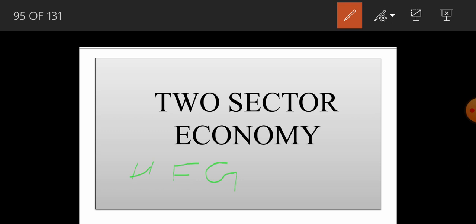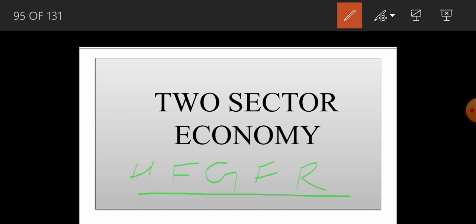When we talk about a four sector economy, we have the financial services also. And when we talk about a five sector economy, it means the rest of the world is also involved over here. Now foreign trade is happening. So these are the five sectors or the five sector model.